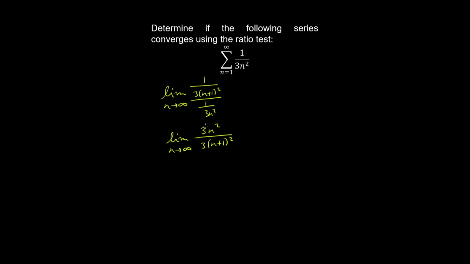So the 3's cancel, and the fastest growing term is n squared in the numerator and denominator. So this evaluates to 1. So because we got rho equals 1, then this test is inconclusive. And the ratio test typically works when you have n in the exponent and factorials.